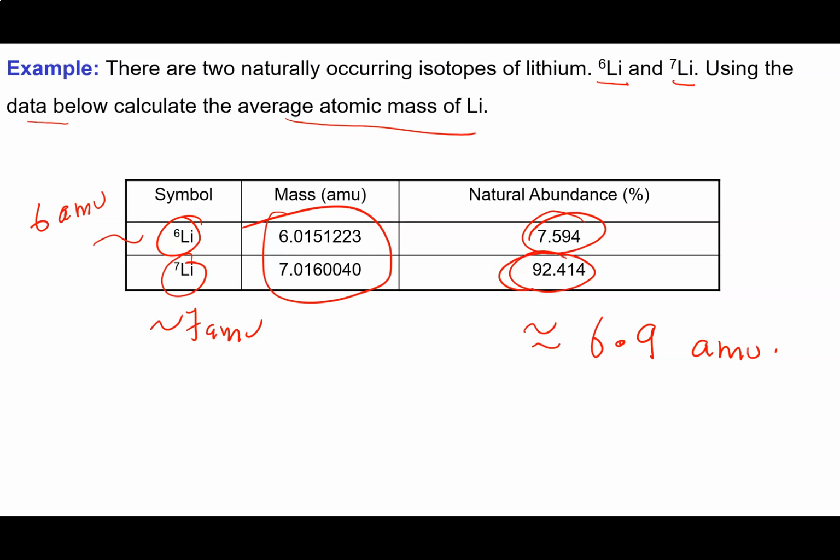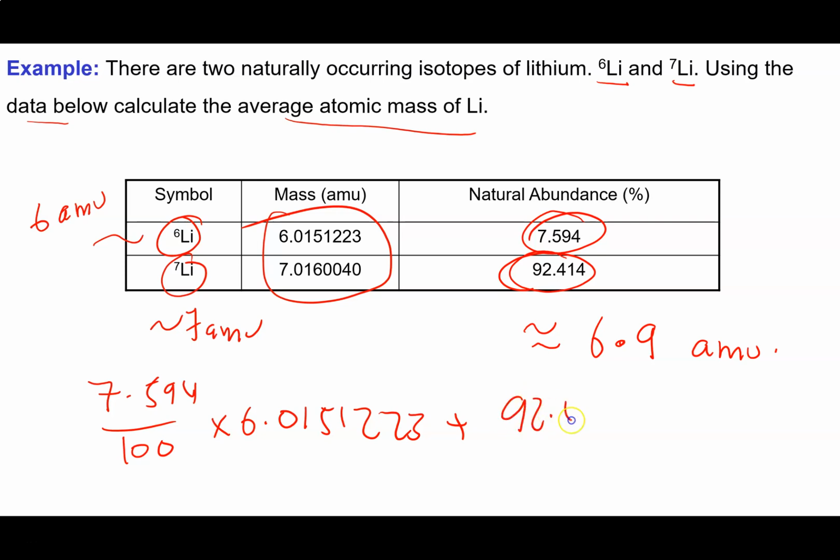Okay, now let's do the math. We're going to take the abundance, divide by 100, times the mass. And we do that for the second isotope. We take the abundance, divide by 100, times the mass. When I do that, let's quickly do the calculation now.